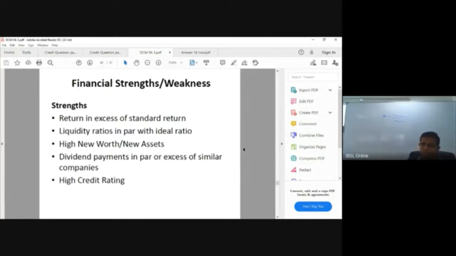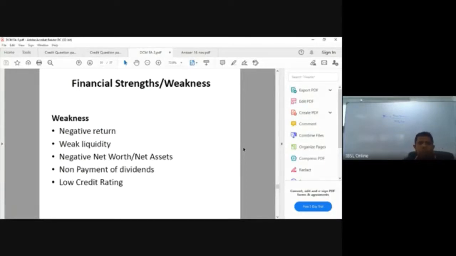Scrip dividend is recommended, but normally a higher dividend payment is also not recommended, because some part has to be retained for future use. Higher credit rating: if your client has a higher credit rating from an independent rating agency, that is also a strength.